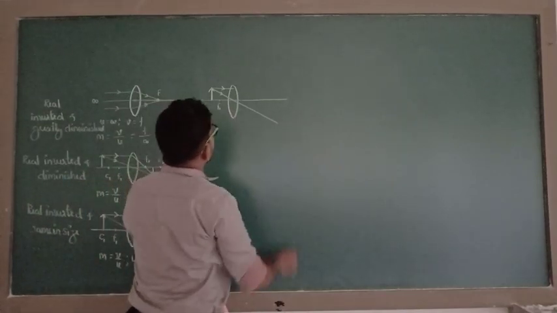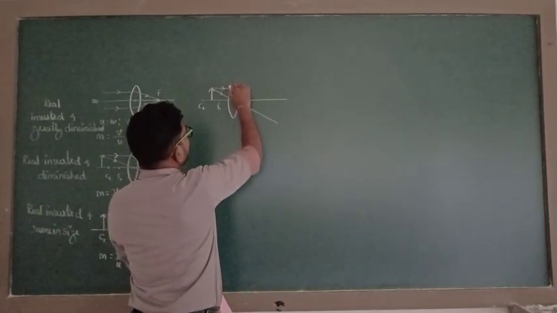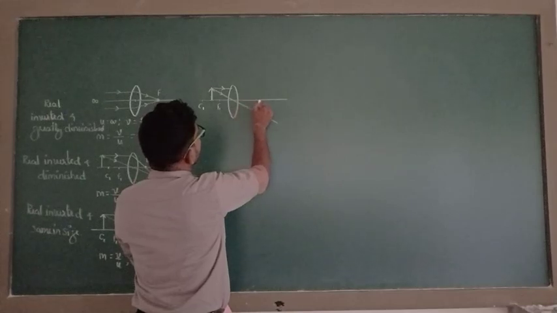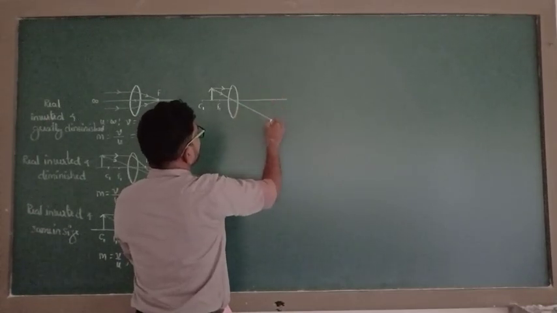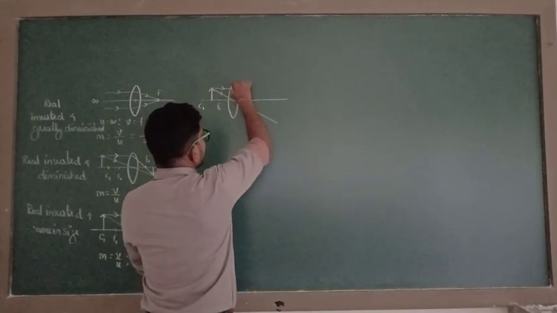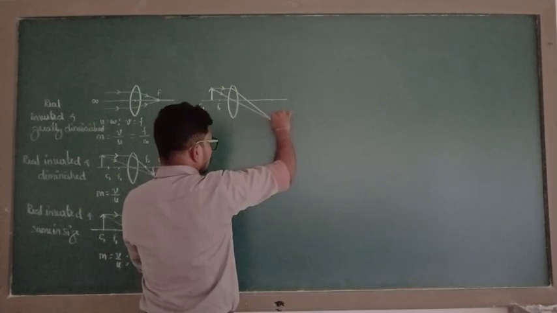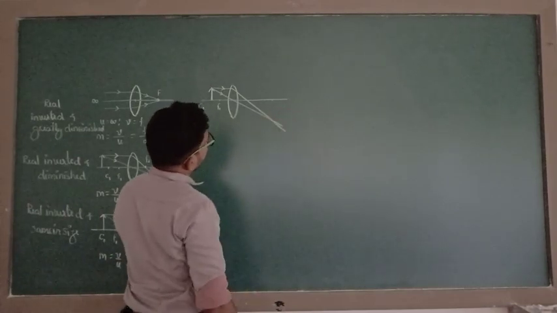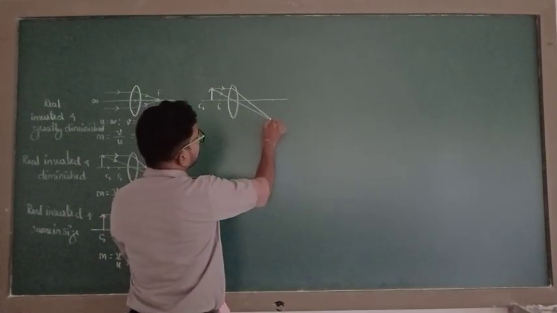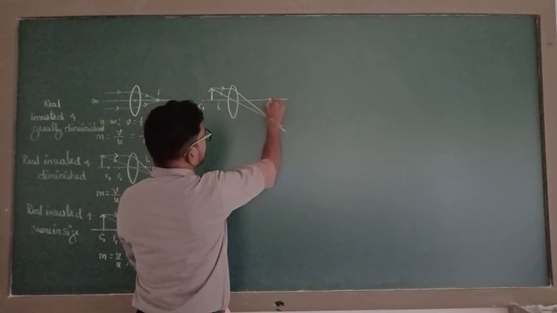Then this image lies beyond C2. This intersecting point represents the position of the image.